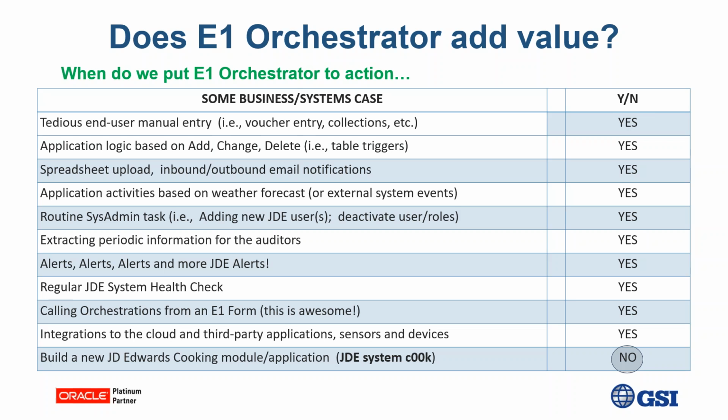For example, if you want to build a new JD Edwards cooking module or application, and name it JD Edwards System C00K, is E1 Orchestrator valuable, or will E1 Orchestrator add value to that? I say no.